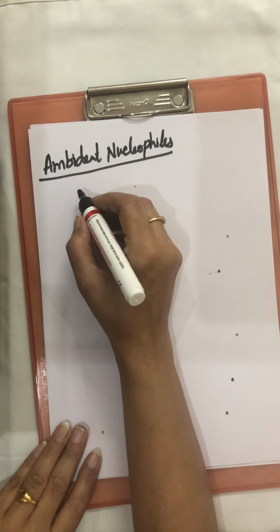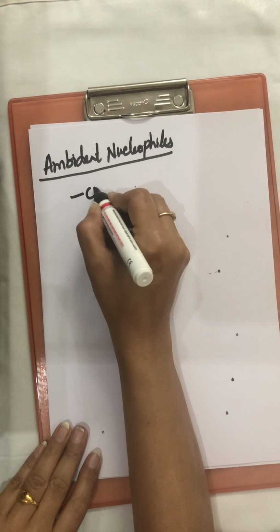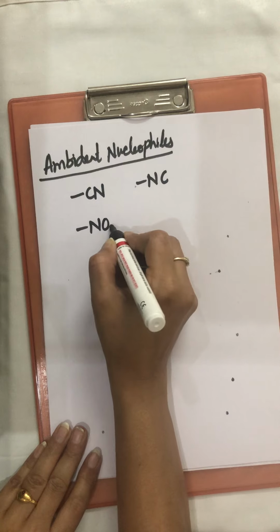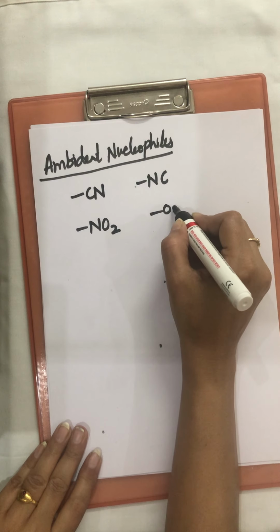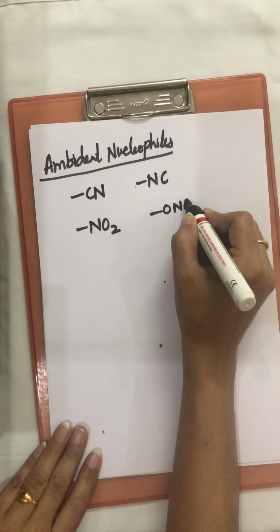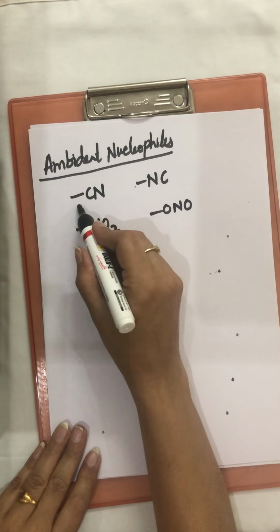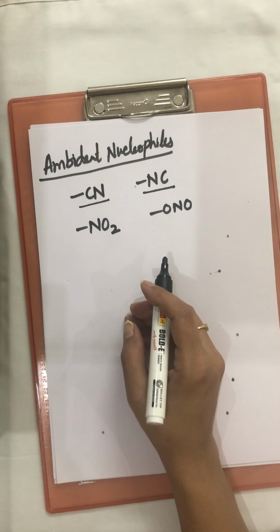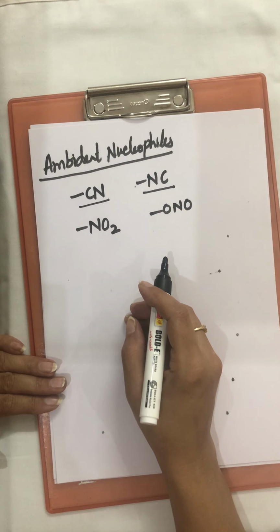So the groups like CN, NC, NO2, ONO are nucleophiles which have more than one attacking center.